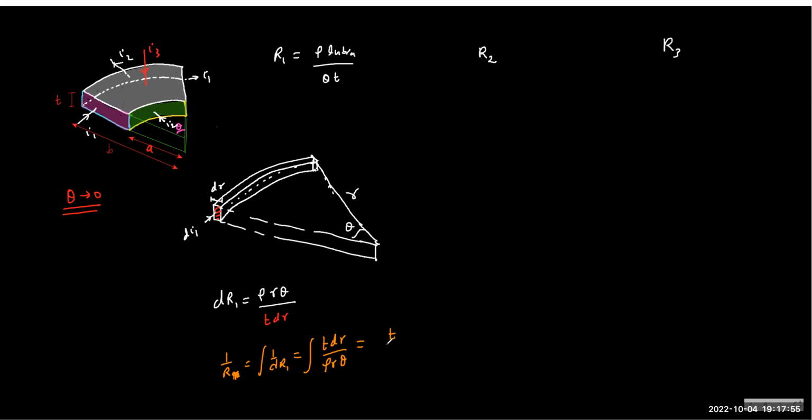So t is a constant, and rho and theta are constant. So what is left is dr by r from a to b. Therefore, the answer is t ln b by a upon rho theta. So R1 turns out to be rho theta upon t ln b by a.